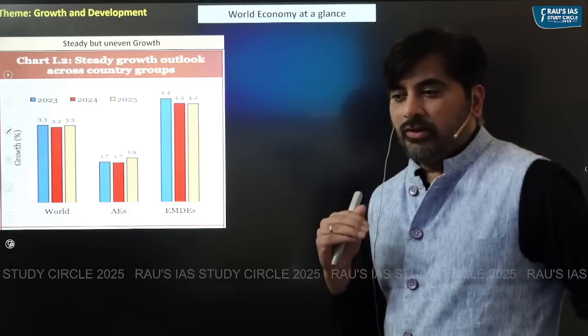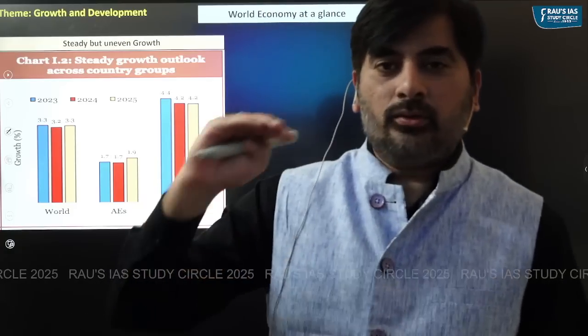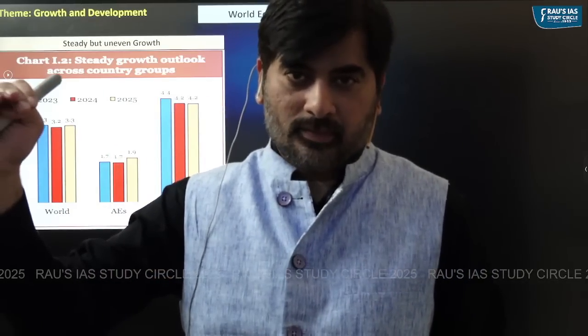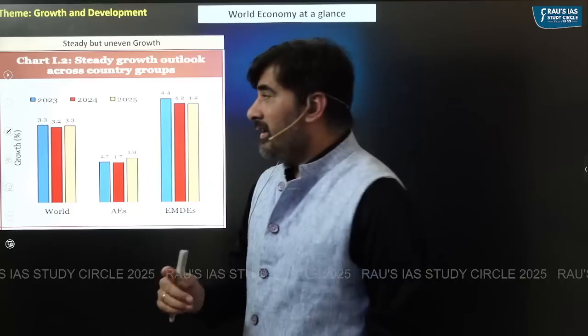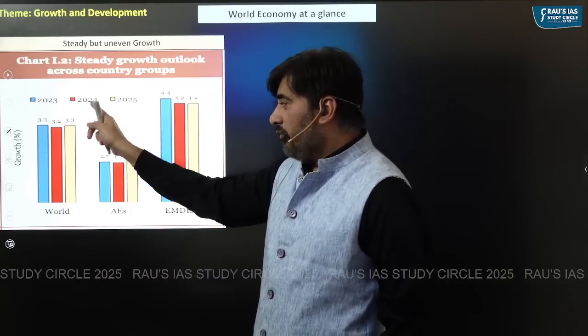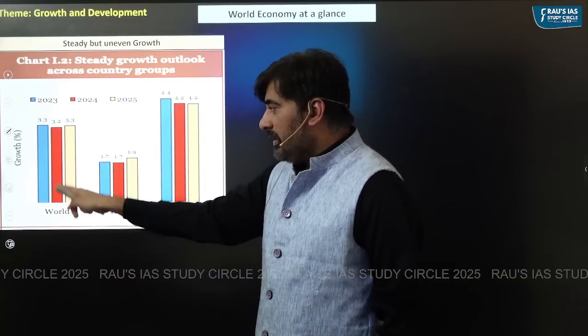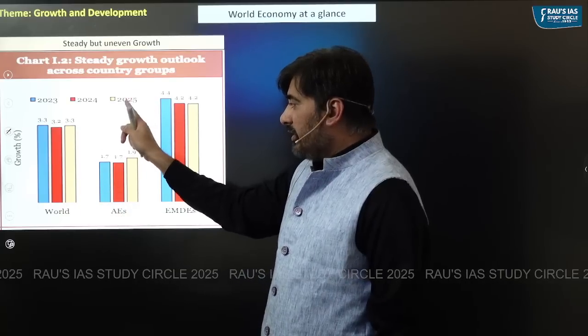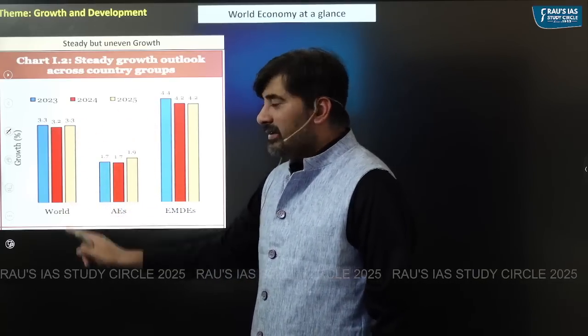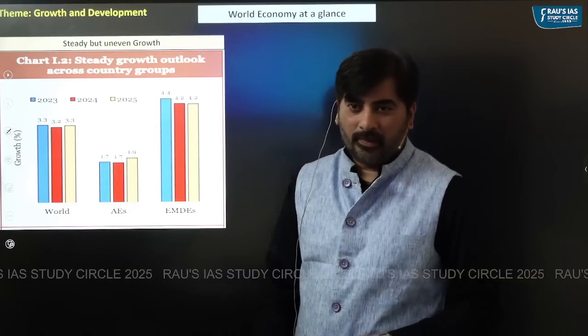Next is with respect to the global GDP growth rate. What has happened to the global GDP growth rate? According to the economic survey, in the year 2024, the global GDP growth rate was 3.2, and this year 2025 it is supposed to be at 3.3%.